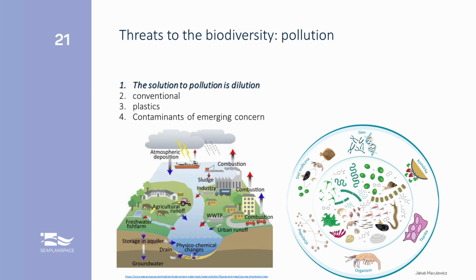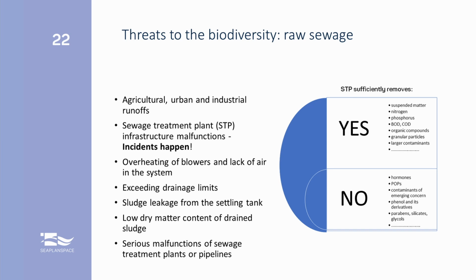What happens with pollution when these substances enter marine life? They can act at various levels of biological organization, from genes, cells, tissues, species, up to the population level, and they can also change the trophic web in particular.